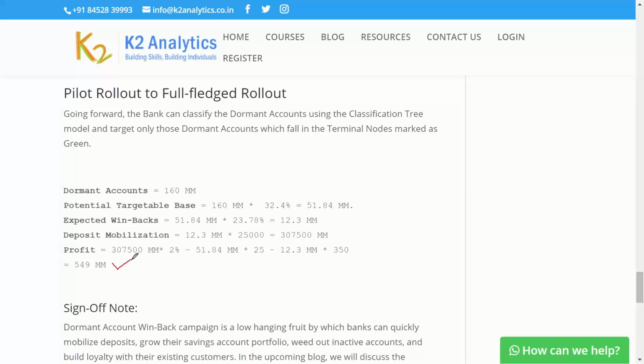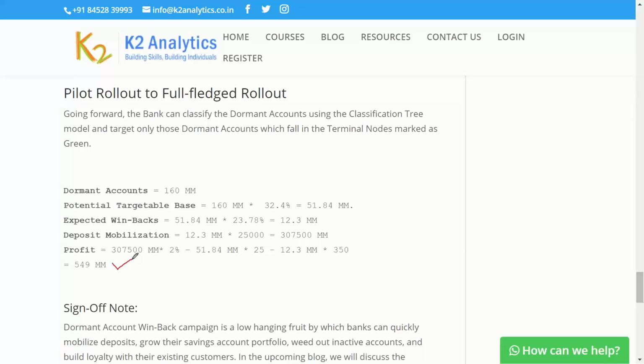Deposit mobilization in the banking domain is a very important and crucial part of business strategy, because if you have deposits, you will be able to lend. If you do not have sufficient deposits, you will not be able to lend to the borrowers. As such, many banks time and again run deposit mobilization campaigns.